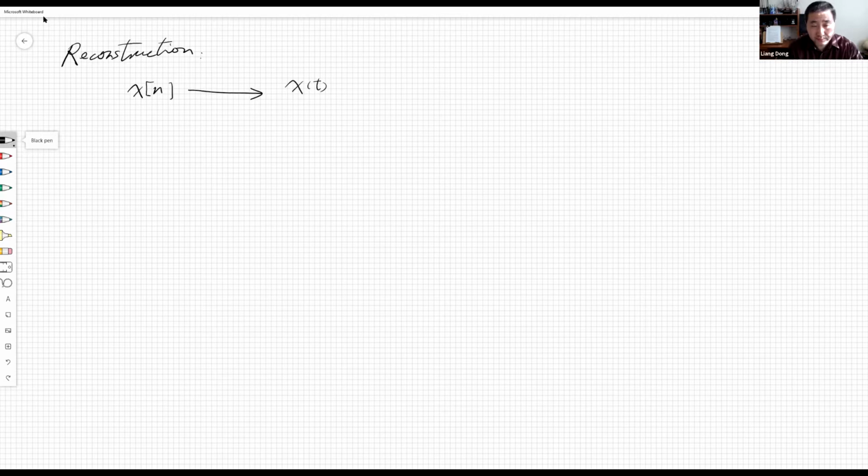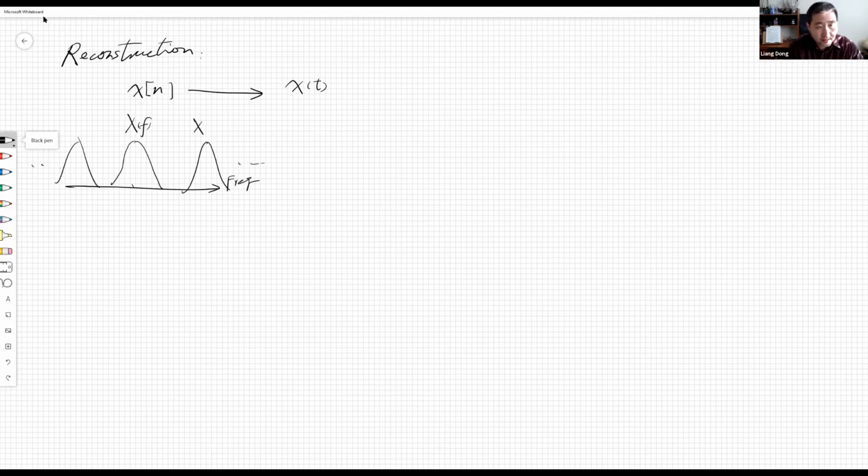How to do that? In an ideal case, ideal reconstruction, we know we need to do low-pass filtering. So if this is the frequency domain, digitized, I have something like this. In the middle, that's my X(f) or X(omega).